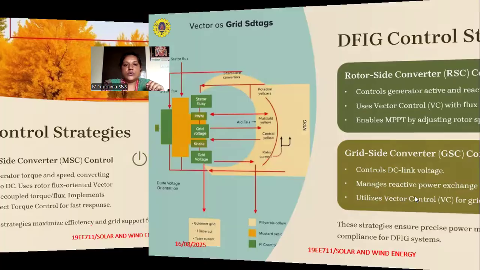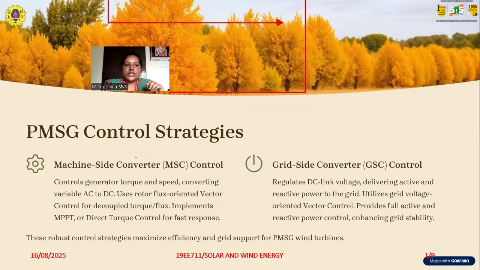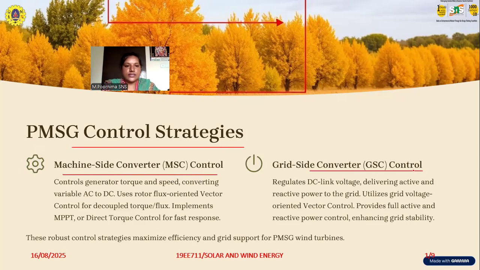The next one is PMSG control strategies. PMSG control has machine side converters and grid side converters. The machine side control strategy handles torque and speed, converting variable AC to DC, and uses rotor flux orientation vector control for decoupling torque and flux, implementing MPPT and direct torque control for fast response.